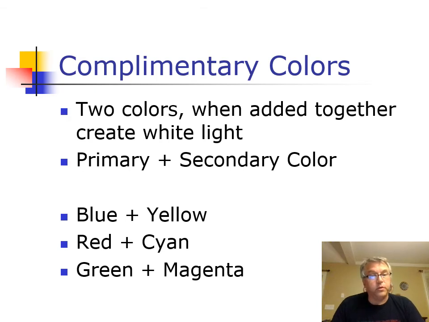So if I mix blue and yellow, which yellow is made out of red and green, that will give me white light. If I take red, which is a primary color, and combine it with cyan, which is the combination of blue and green, that will also give me white light. And if I mix green, which is one of my primary colors, with magenta, which is a secondary color formed by blue and red, that will also give me white light.